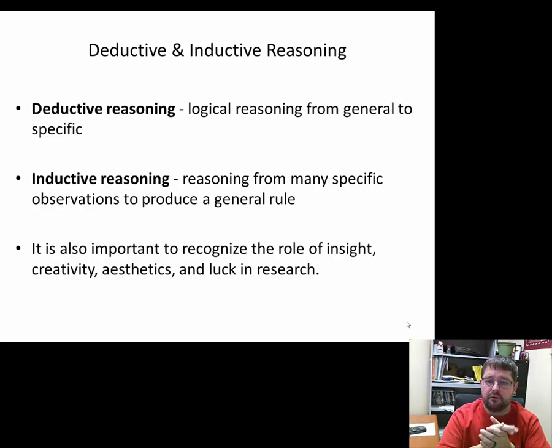Now, again, I don't want to remove the luck portion of research. Of course, there is a luck piece, right? Because a lot of research is done for years and years and years, and nothing comes of it because it was either a poor design, or you're looking at the wrong process. So a lot of the discoveries that we know today are the result of a little bit of luck.